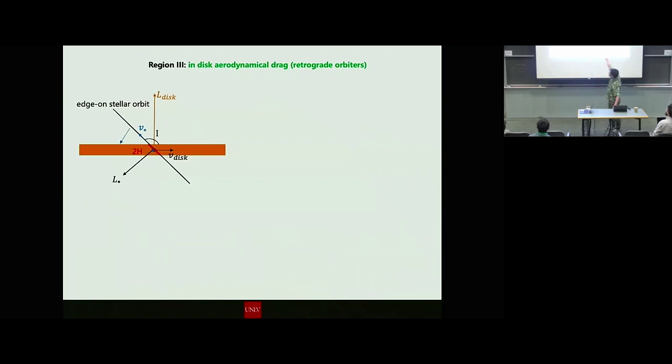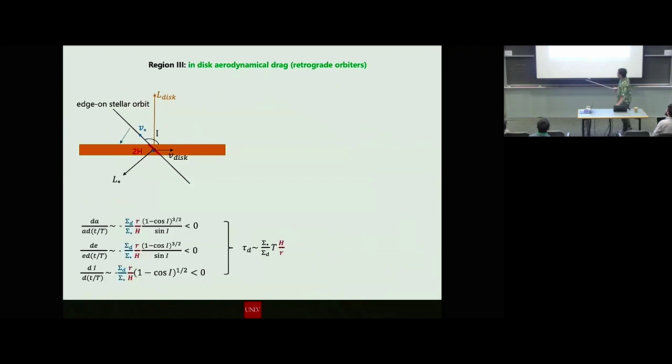However, if this orbiter becomes fully embedded, then you will interact with the disk for the full period. So your dynamical equation of motion can be modified by applying this interaction pace ratio between the fully embedded case and the off-disk case. You will find that the time scale will be shortened by a factor of the aspect ratio of the accretion disk.